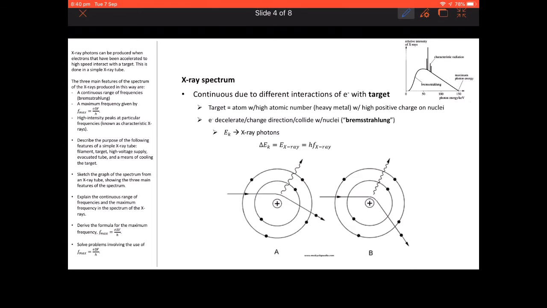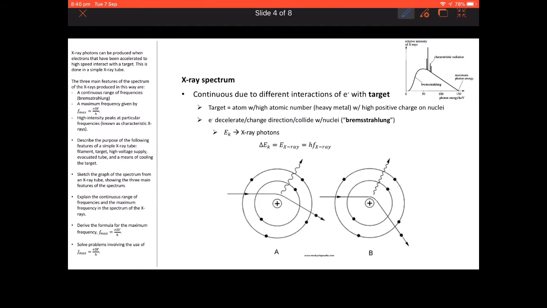So now we'll take a look at the X-ray spectrum produced, and this is continuous due to the lots of different interactions of electrons with the target anode. The target is usually comprised of atoms with a high atomic number, so a heavy metal, with a high positive charge on their nuclei, so lots of protons in the nuclei.